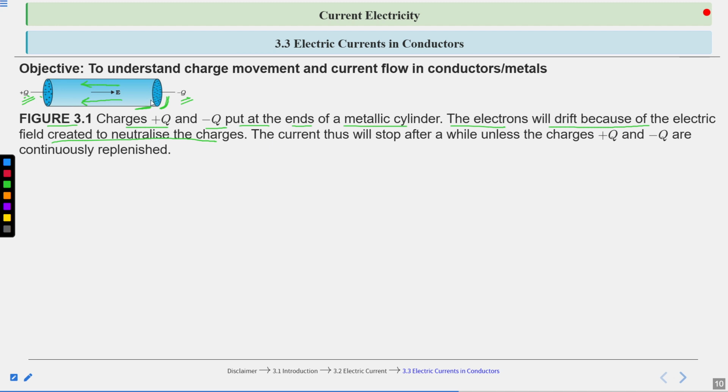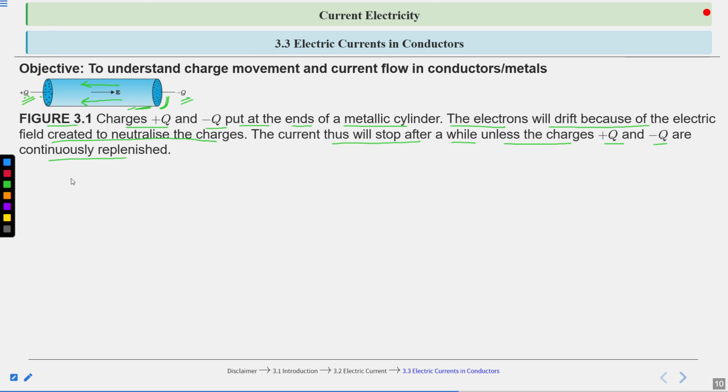Current will start flowing initially due to the potential difference created by the electric field. Electrons start moving and current flows. After the electrons neutralize the positive charge and the positive charges neutralize the negative charges, the electric field vanishes, the movement of electrons stops, and the current will stop after a while, unless the charges plus Q and minus Q are continuously replenished.